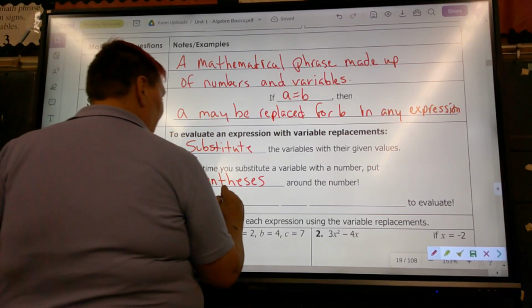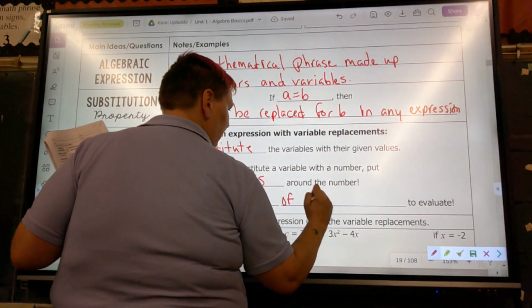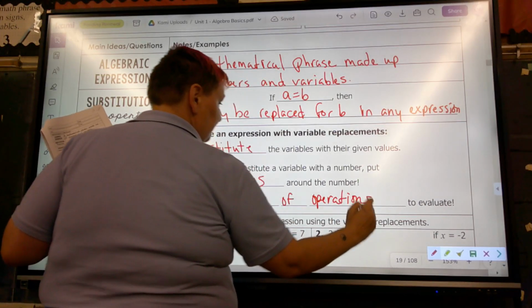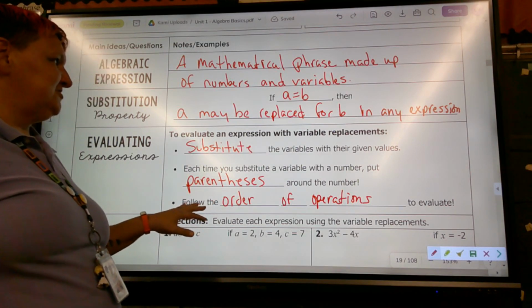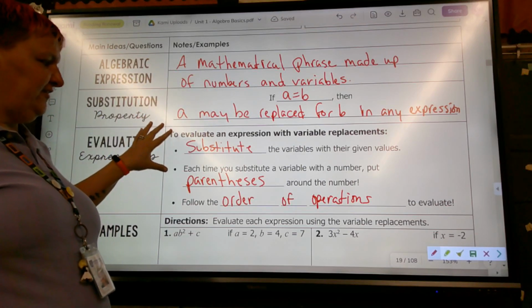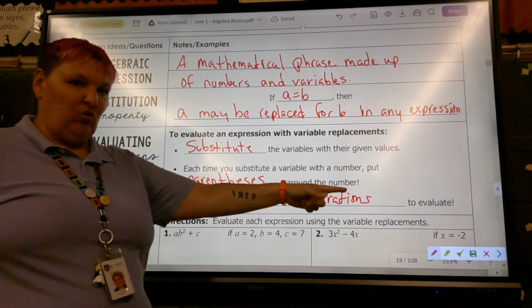Follow the order of operations to evaluate. This is why you needed to know order of operations, because we're going to substitute the variables for their actual values, and then solve using order of operations.